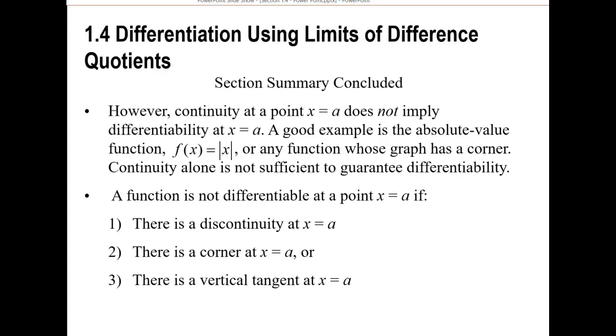You could draw that V without lifting up your pencil, right? But it's not differentiable at that corner, because a corner is a point where the derivative would not exist. So just because it's continuous does not necessarily mean it's differentiable. It's not differentiable if there's a discontinuity, if there's a corner, or if there is a vertical tangent line. Right, and that is the end of section 1.4.